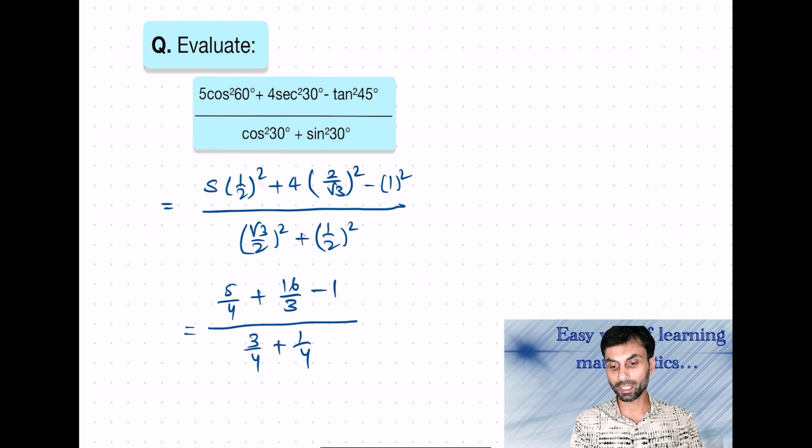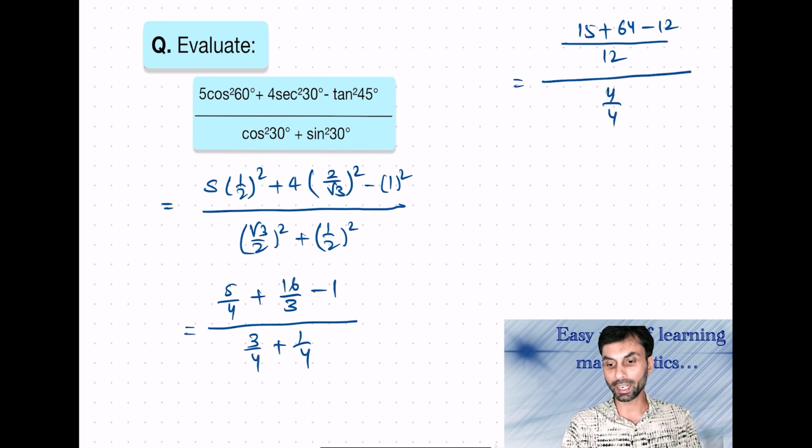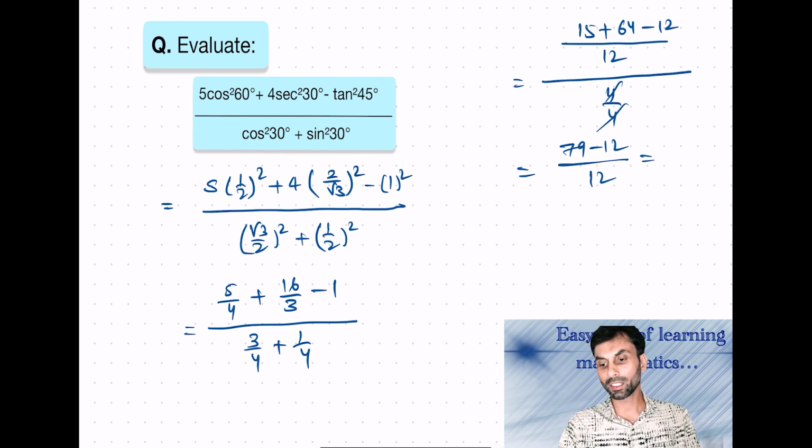Now on solving the numerator part, if you take LCM for it, we will get 12. 4 3s are 12, this is 15, plus 3 4 times 12, so this will be 64, minus 12, divided by 4 upon 4. This can be written as 64 plus 15, it will be 79 minus 12, divided by 12, and 4 upon 4 will cancel. So we'll get the value as 67 upon 12, and that will be the answer of it.